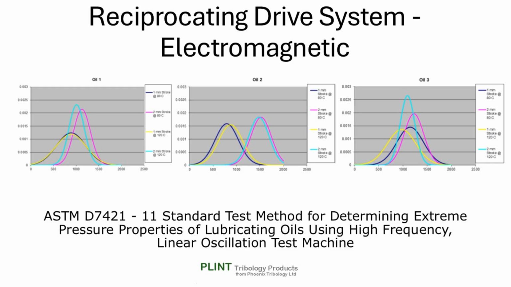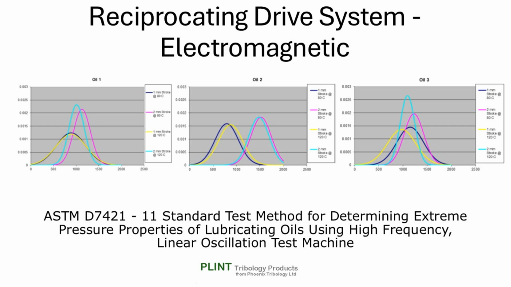Standard test method for determining extreme pressure properties of lubricating oils using high frequency linear oscillation test machine. Table 1 gives results for tests run on 3 different oil samples at either 1 mm or 2 mm stroke.